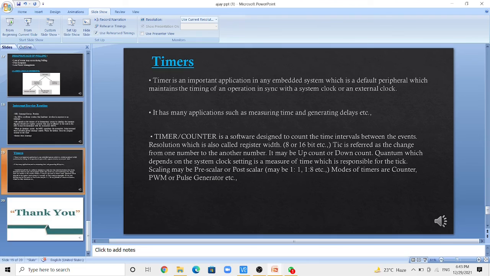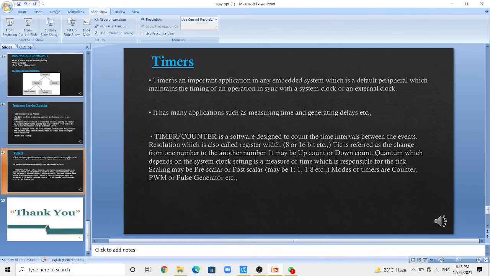Timers. Timer is an important application in an embedded system, a default peripheral which maintains the timing of an operation in synchronous with a system clock or external clock. Timer is a device used to generate clock pulses, and the main difference between timer and counter is that the timer generates the clock pulses, and the counter is a device used to count the clock pulses.